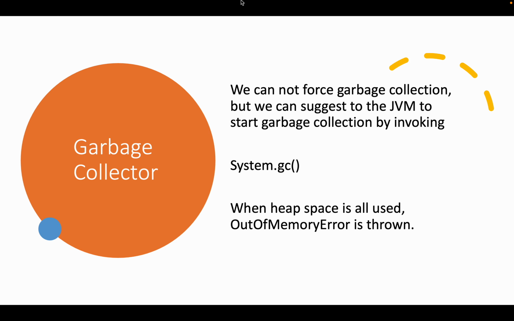Then garbage collector. We cannot force garbage collection as a developer, but we can suggest to the JVM to start garbage collection by invoking the System.gc method. When heap space is all used, we can run out of memory, and an OutOfMemoryError will be thrown.